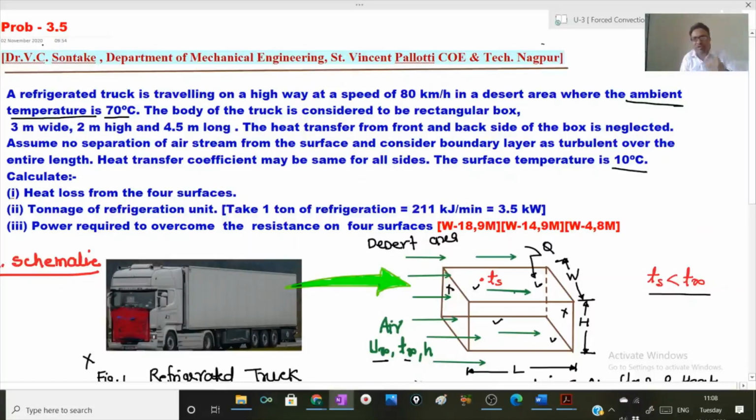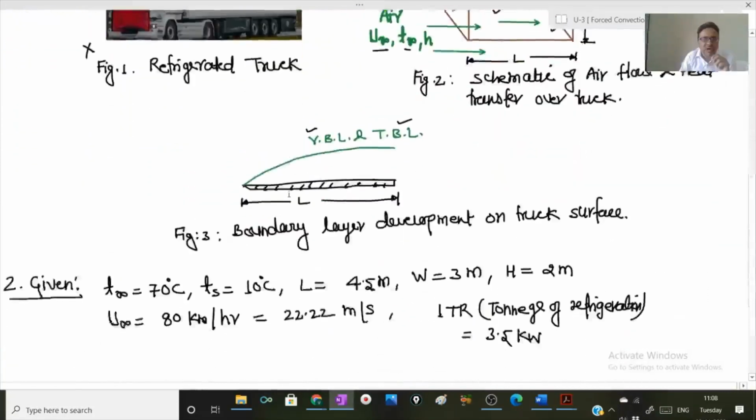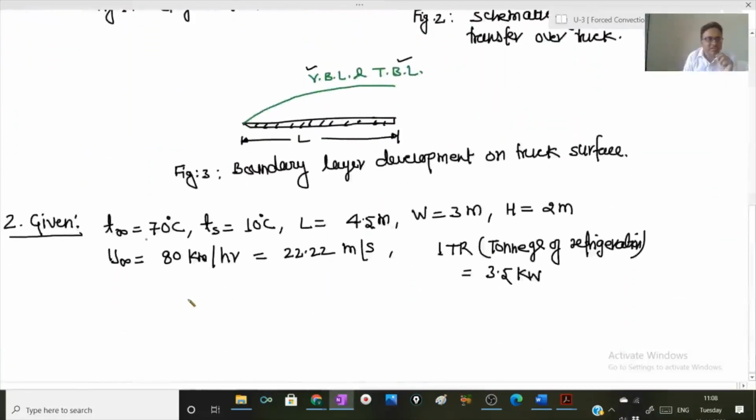All the 4 surfaces will be at uniform temperature of 10 degrees Celsius. And the dimensions of the trucks are given: 3 meter wide, 2 meter high, and 4.5 meter long. Okay.